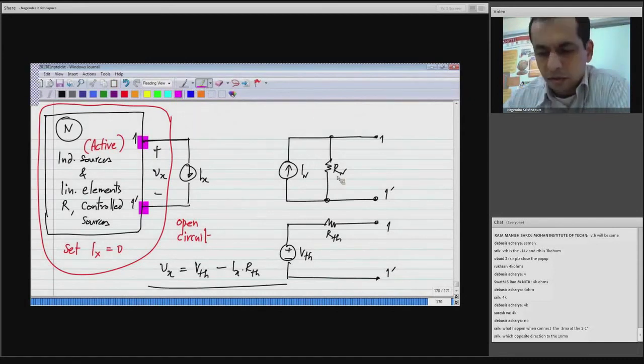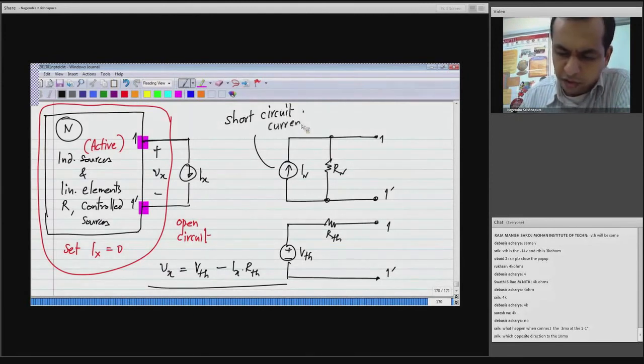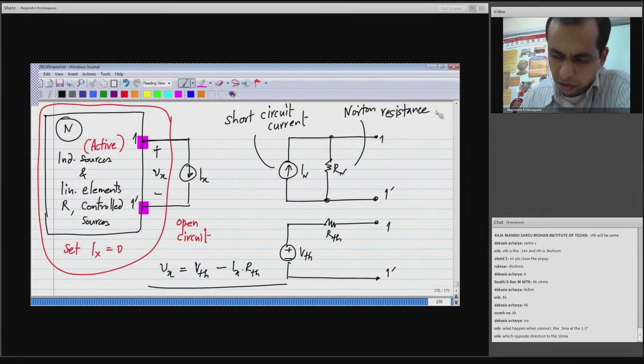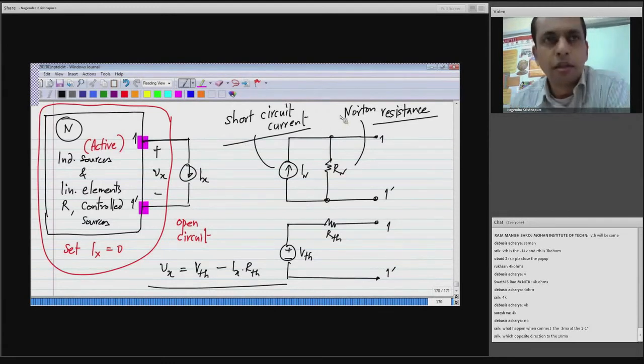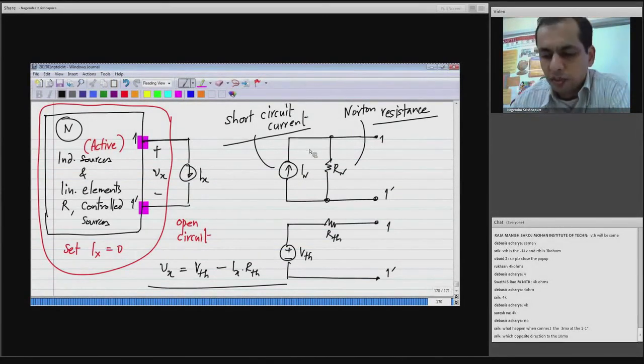Now it turns out that this IN is what is known as the short circuit current, and this Rn is what is known as the Norton resistance. So we have the short circuit current and the Norton resistance. Now what is the short circuit current?